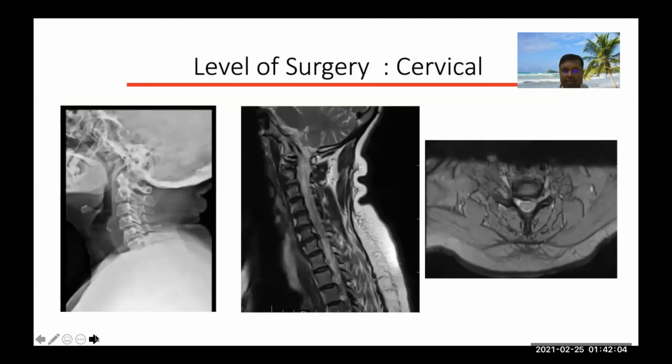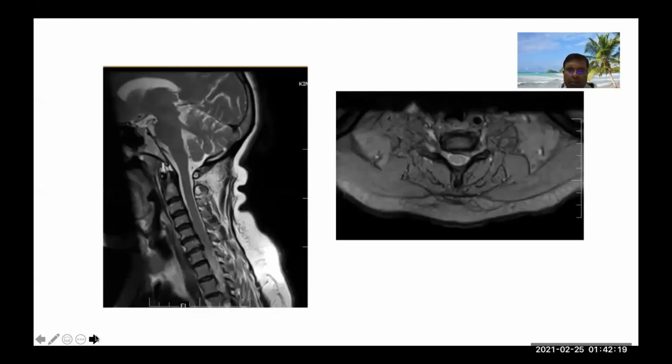Another illustrative case of ours, a young lady who came with a foraminal disc with arm pain, neck pain, unending arm pain. We went ahead and did a posterior cervical microforaminotomy, a tube-assisted surgery. The patient woke up after surgery with complete pain relief, but weakness of her elbow.